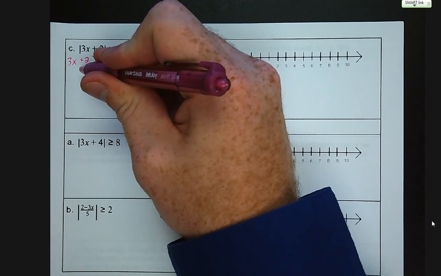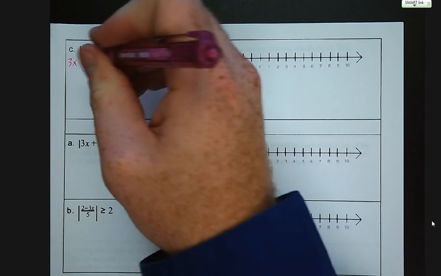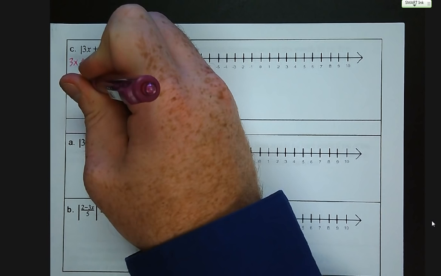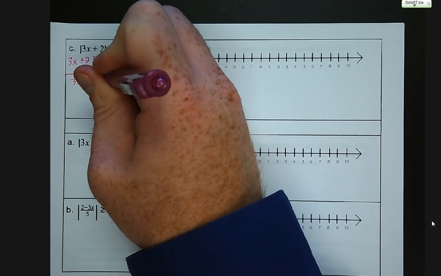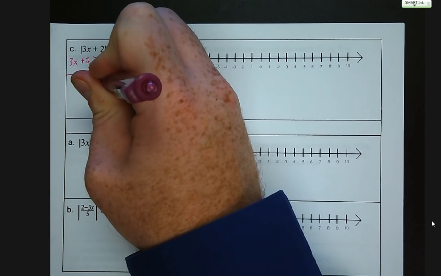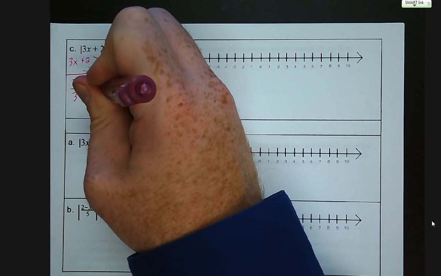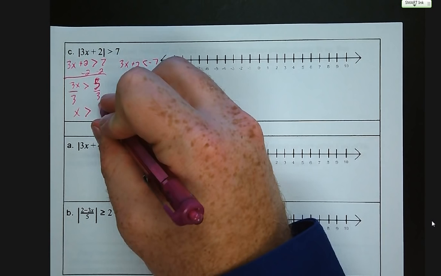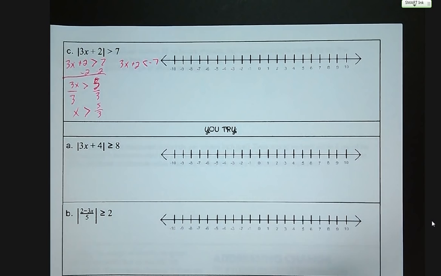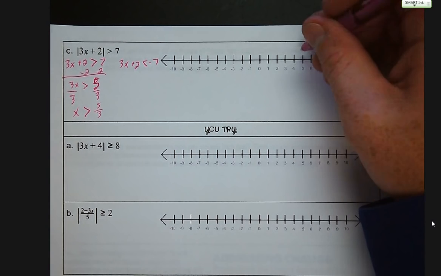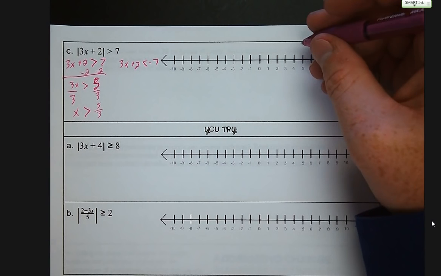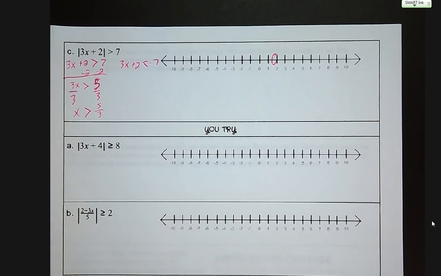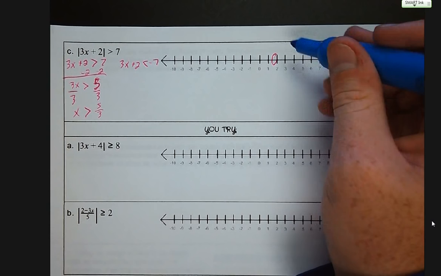So we start, subtract 2 from both sides of our inequality. 3x is greater than 5. Divide both sides by 3. x is greater than 5/3. So if we go ahead and graph that right away, 5/3 is 1 2/3, so it's right about here. And it's an open dot, and we are going to shade to the right.